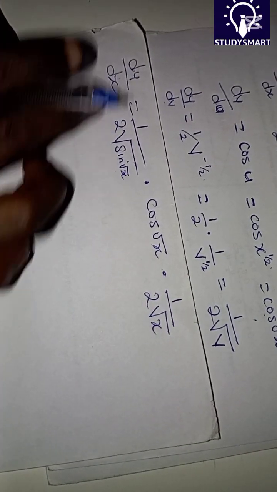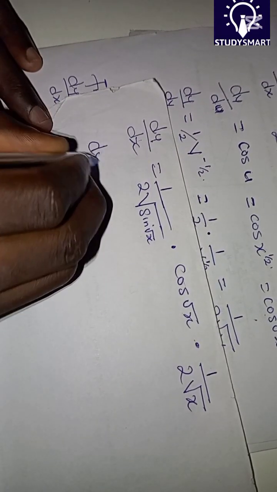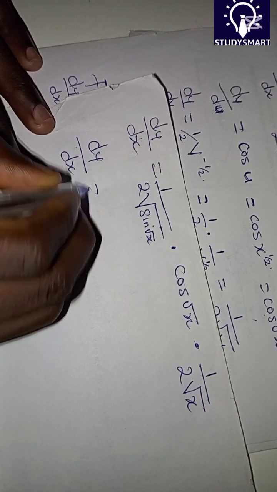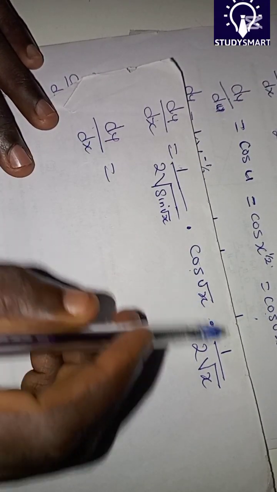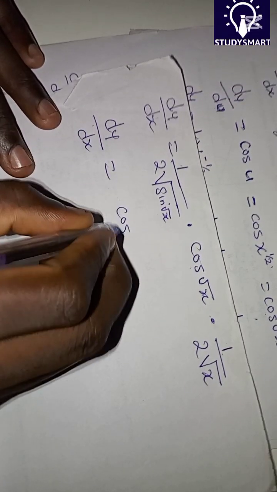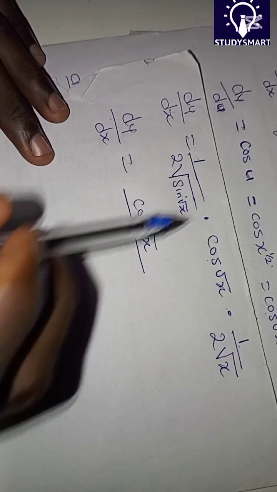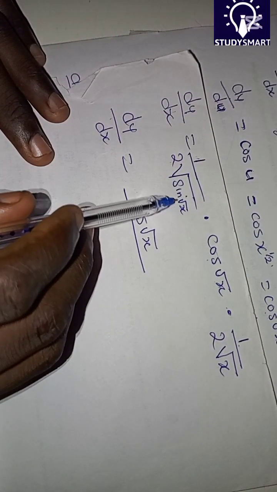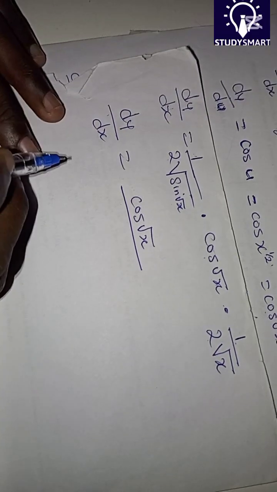So we'll be joining all this together now to obtain dy/dx equal to, this is 1 times this, 1 times cos root x times 1 will give cos root x, all over 2 root sine root x times 2 root x.